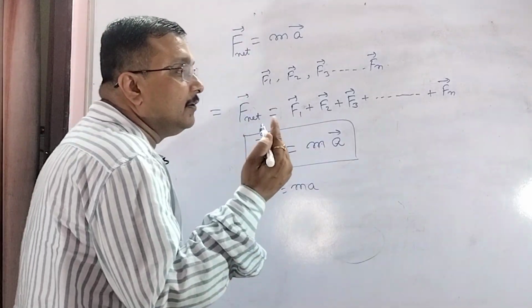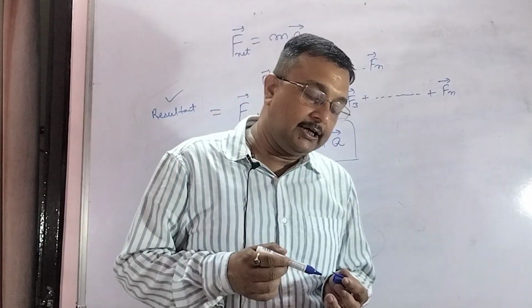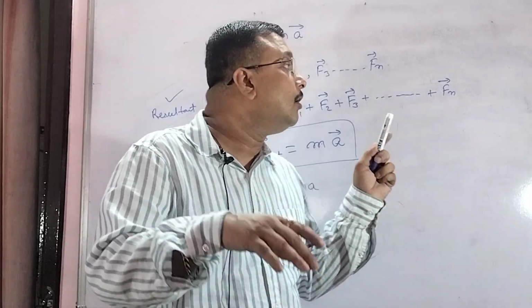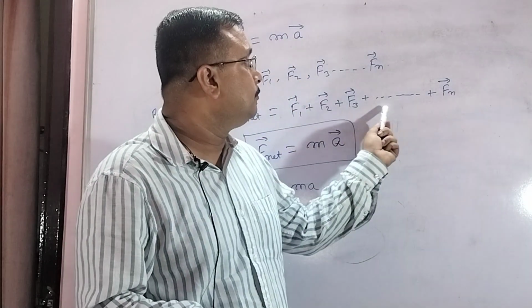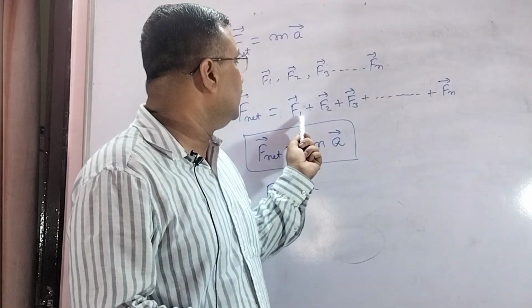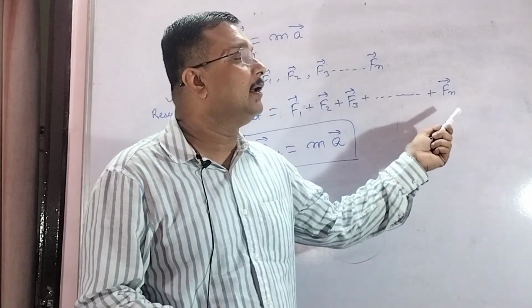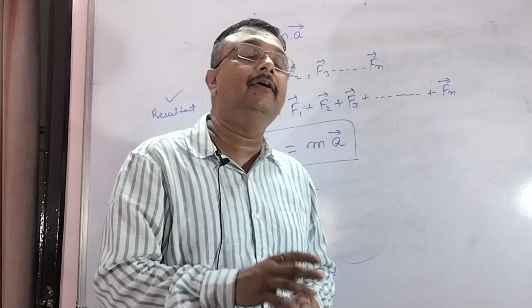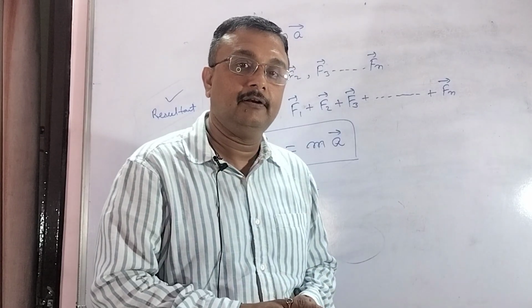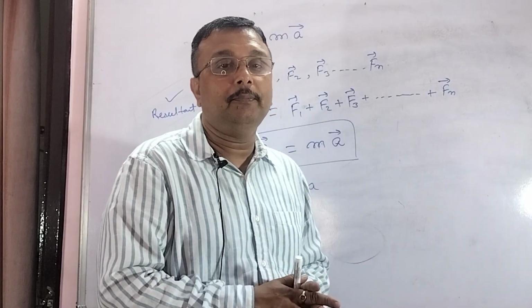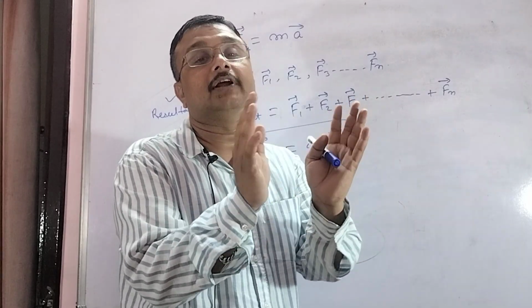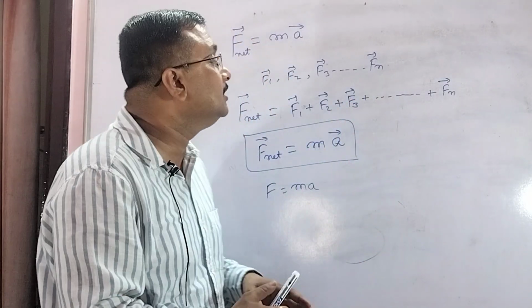What is the single value of force that can replace the effect of all these forces F1, F2, F3, Fn? Each force has its own individual effect on the particle, but we want the combined effect, the total effect, the resultant effect.